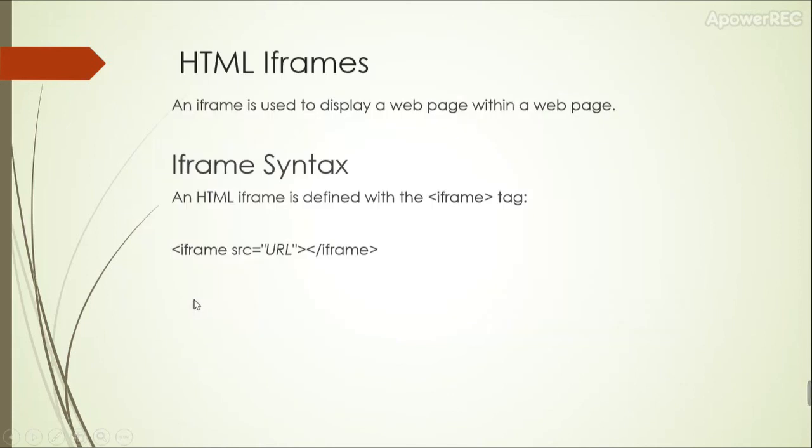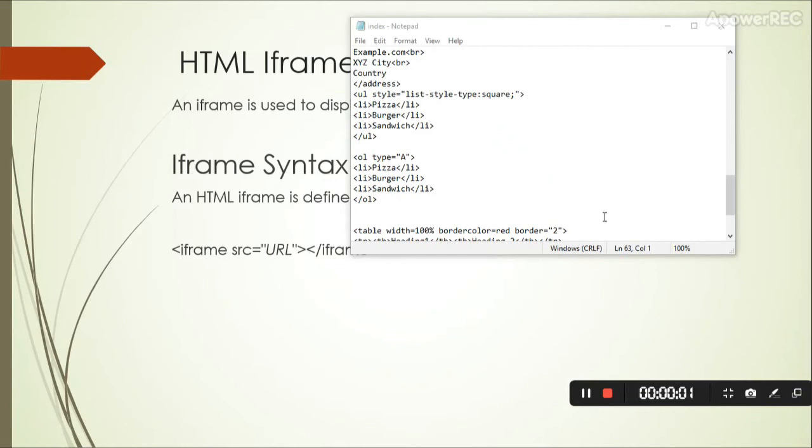Okay, now last topic is iframe. An HTML iframe is used to display a web page within the page. Iframe syntax we use like iframe, then source equal to website name. Then we will close iframe. For making our iframe, we will use a new file.